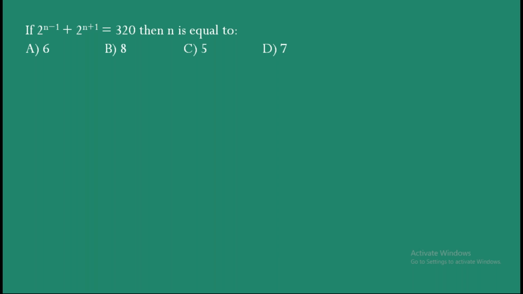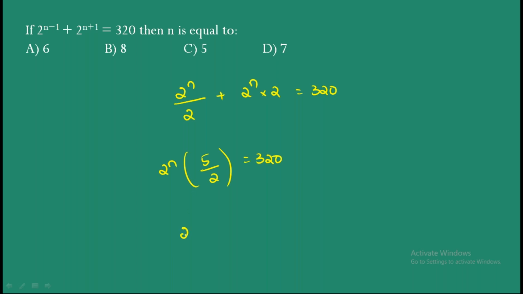Now here 2 power n minus 1 plus 2 power n plus 1 is 320. First, this is 2 power n divided by 2. This one has 2 power n into 2, which is 320. If you take 2 power n common, it's 5 divided by 2 is 320. 2 power n is 2 power 7 actually, because if you just calculate 2 power n, we'll get 128 actually, because 5 ones 5 are 64. 64 into 2 is 128.